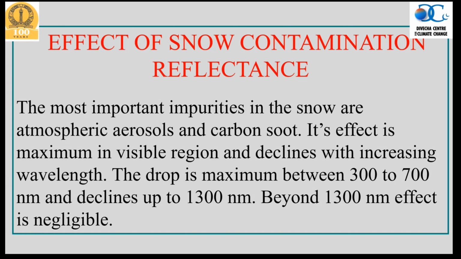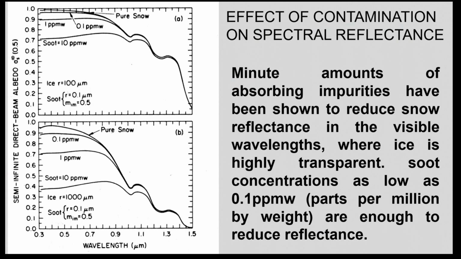We will look at this slide and see what really happens here. There is a small increase in soot, with grain size approximately 100 micrometers, and soot changing from 0.01 parts per million by weight up to 1 part per million, a factor of 10 increase, and you can see how the change in reflectance takes place.